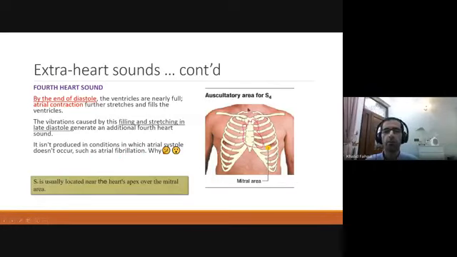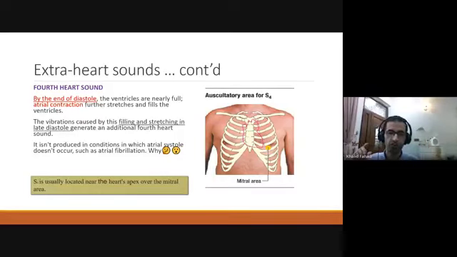The best site usually corresponds to the mitral area. S4 is usually located near the heart apex over the mitral area. So S3 and S4 can both be auscultated in the mitral area, but it needs very important listening skills in relation to the cardiac cycle.